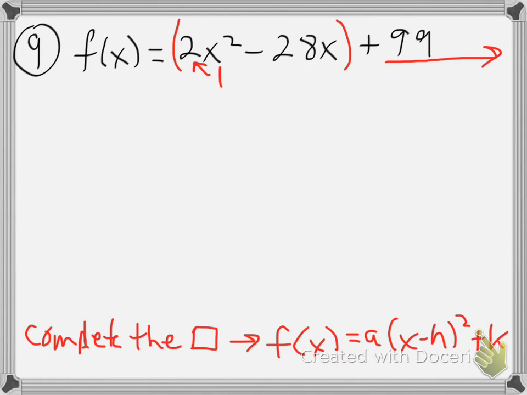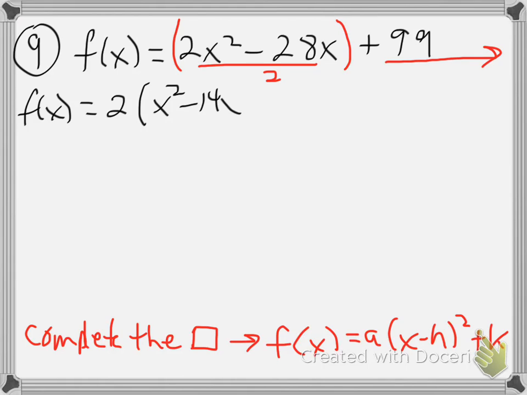So I'm going to have to divide everything here by 2 in the red parentheses. The 99 is not affected. So when I go and do this, I'm going to get f of x. I'm going to factor out the 2. It doesn't disappear, it stays there. I'm going to have x squared minus 14x. Then I'm going to add something, put a blank there.